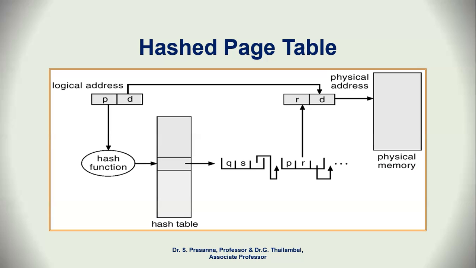Q is the previous address and the next address is P, and for R the next address is P, and Q is the previous address. S is the data here, and in the next entry, P is the physical address of the previous data, and R is the data, and the next column for R is for the next data address. So it is like a linked list, or a chained list.